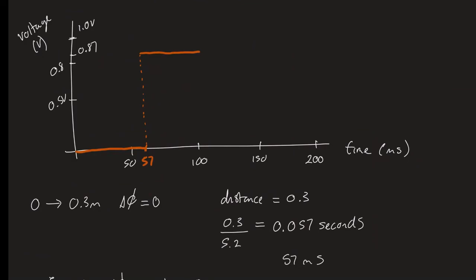So we need to run from 57 up to 95.5. I've slightly overshot with this. If we come back a bit, 95.5 is probably about there. Just draw this in. So during that stage we get a voltage of 0.87 volts from 57 to about 95 milliseconds.